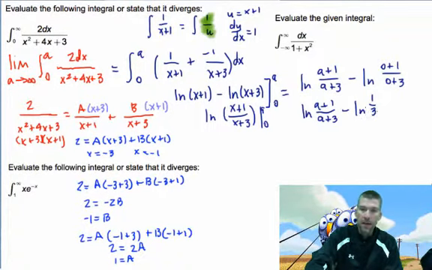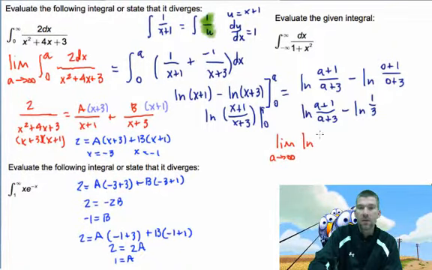And so when we go back and look at the limit, we're looking at the limit as a approaches infinity of the natural log of a plus 1 over a plus 3 minus the natural log of 1/3.